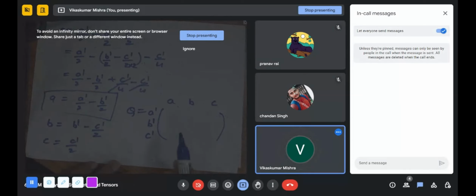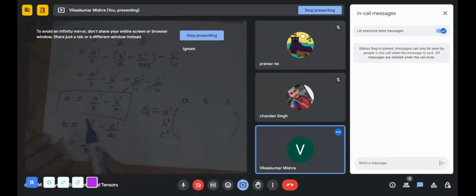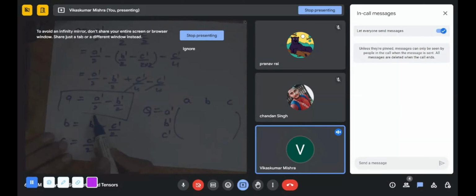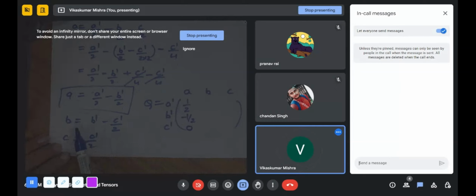So a in terms of a dash, the value associated with a and a dash is 1 by 2, so we can write 1 by 2 over here. A and b dash is minus 1 by 2. A and c dash, there is none, that is 0. Let's go with b.